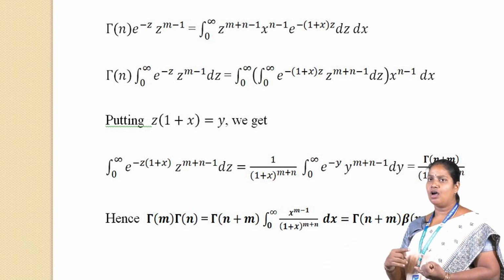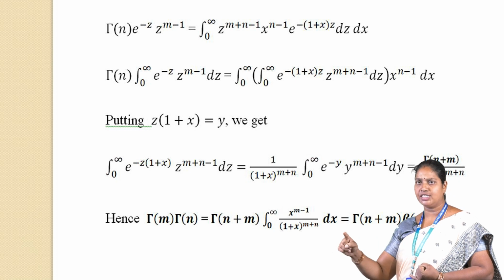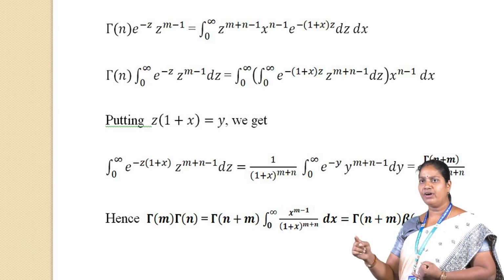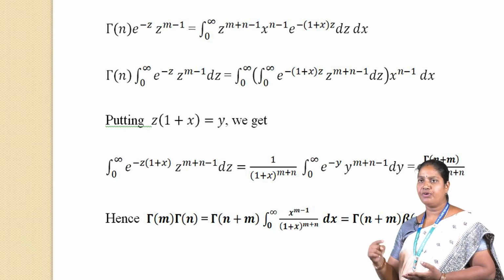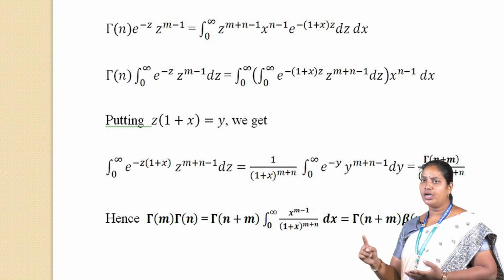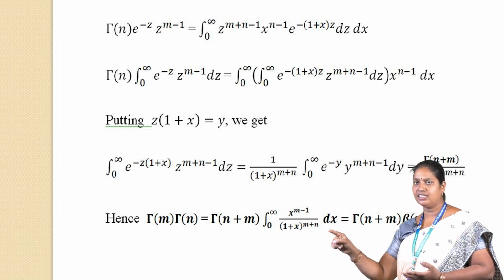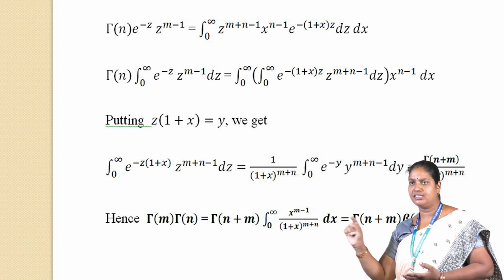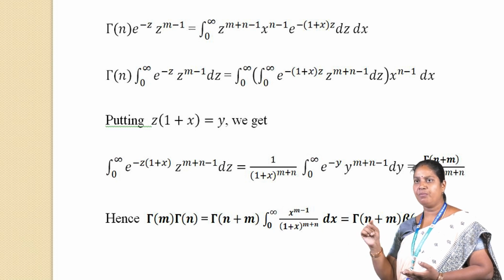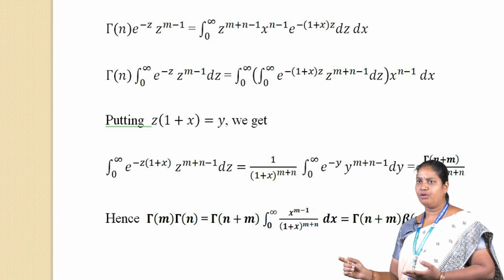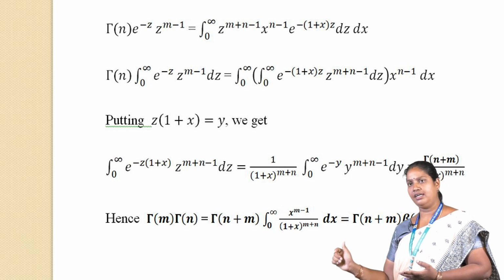Already there is a term z power n minus 1, now we multiply by z power m minus 1, so it will be z power m plus n minus 1 into x power n minus 1 into, already there is a term e power minus xz. Now we multiply by e power minus z, so it will become e power minus of 1 plus x into z. The integration will be with respect to dz and dx.